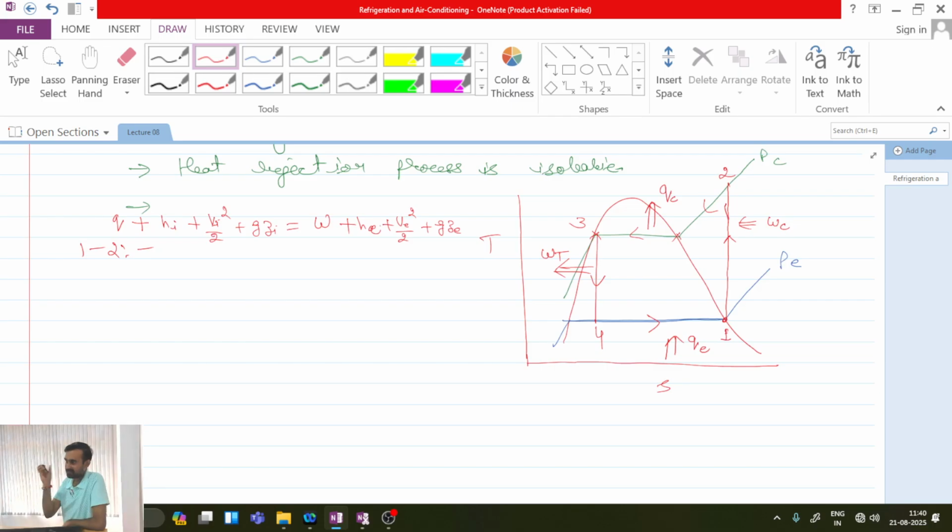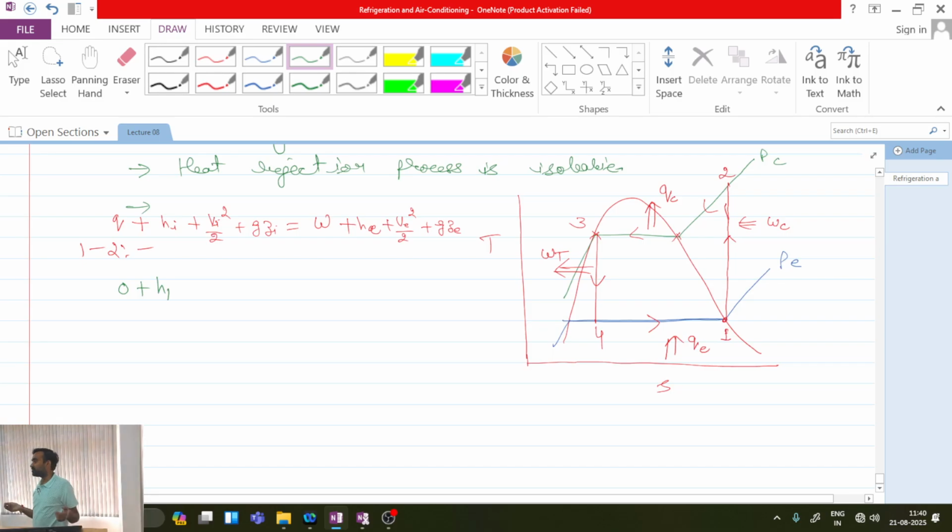Now 1 to 2 process is isentropic. It means it's reversible adiabatic. So Q is 0. Incoming enthalpy is H1.